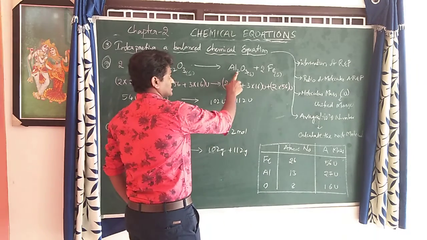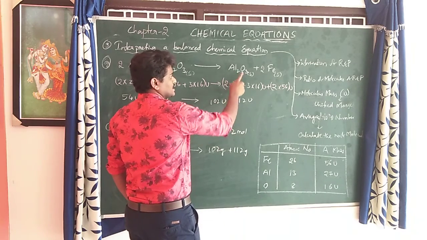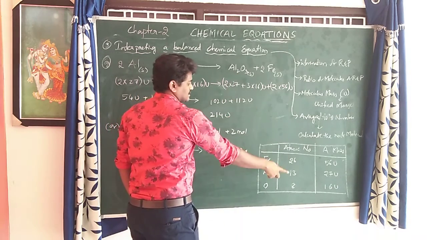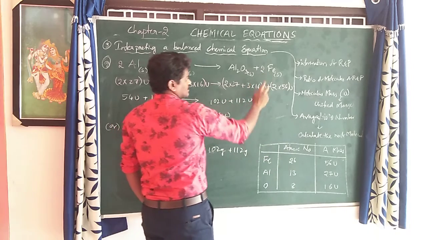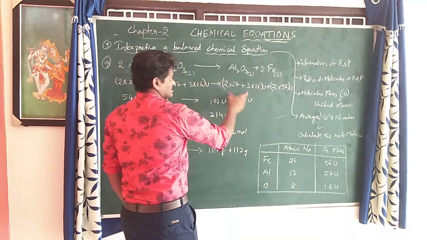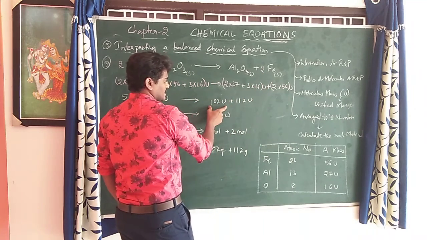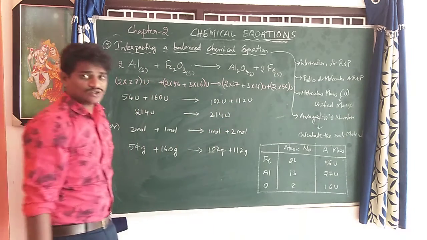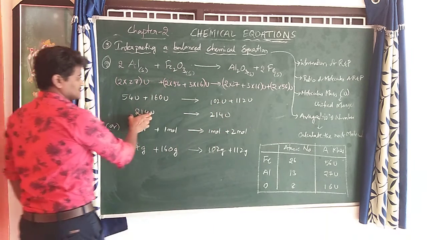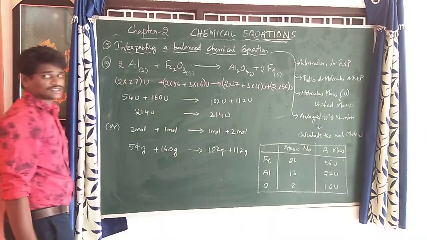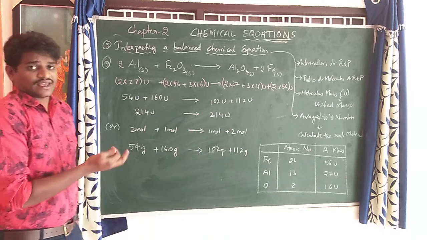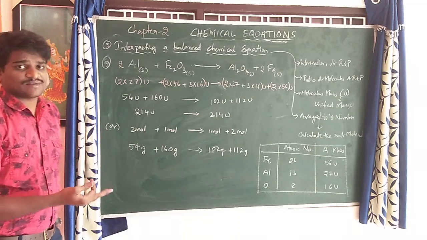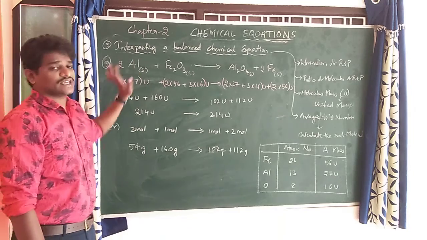Here aluminium is 2 into 27, oxygen is 3 into 16, and 2 irons are 2 into 56. By adding these, we get 214 units. So LHS is equal to RHS. There is no change and no disturbance in the reaction.